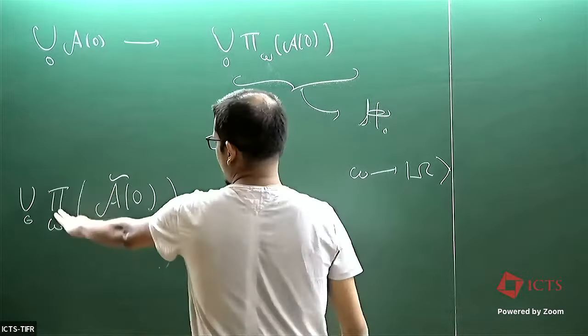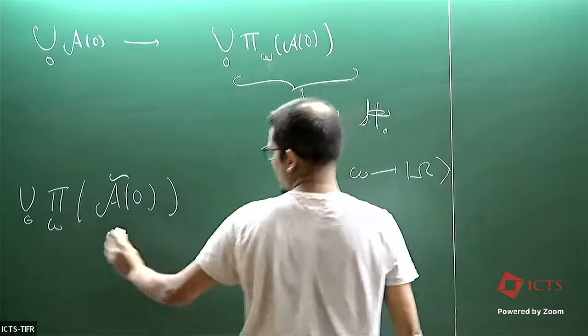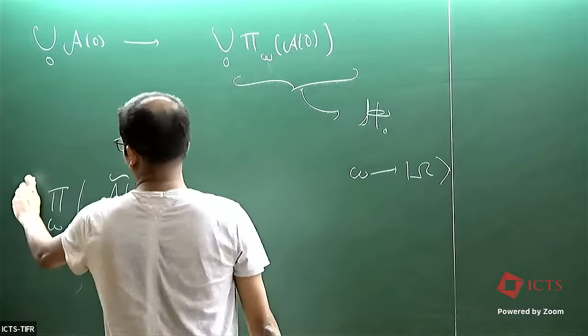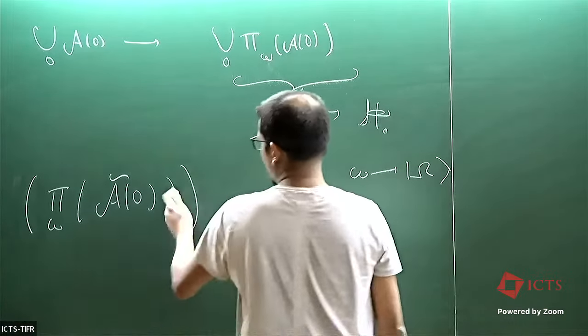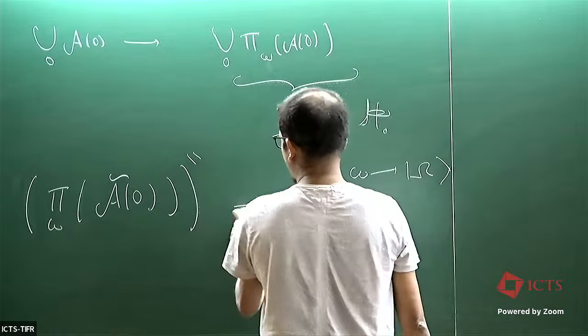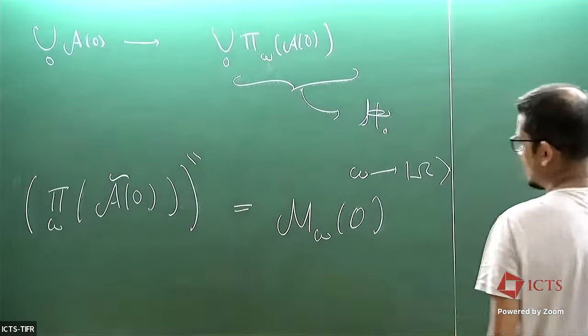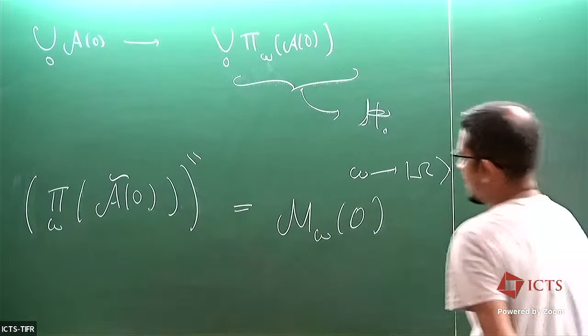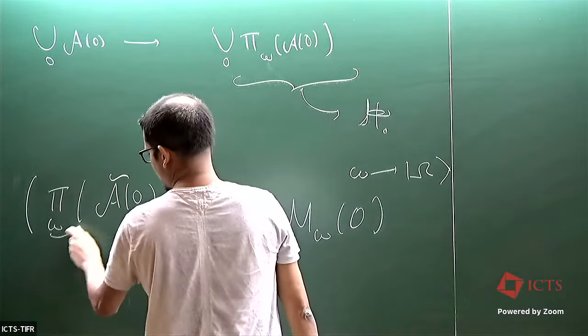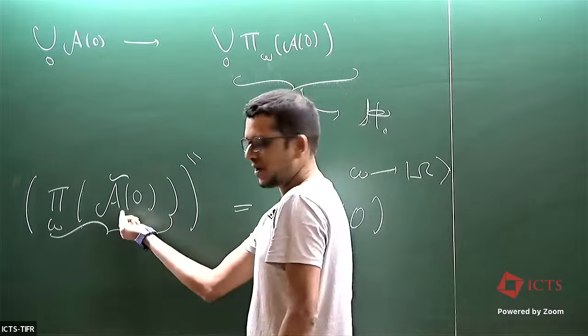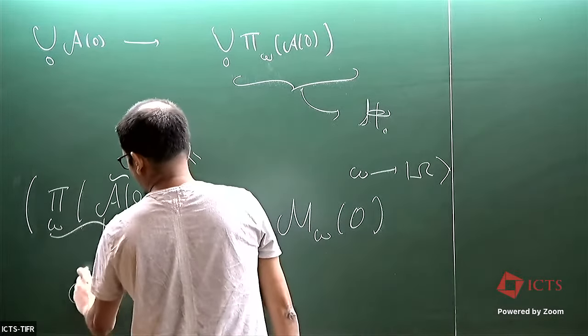Now in this algebra, let me look at its double commutant, and let me call it M omega. In general, this algebra constructed out of all bounded operators is what is called a C star algebra.